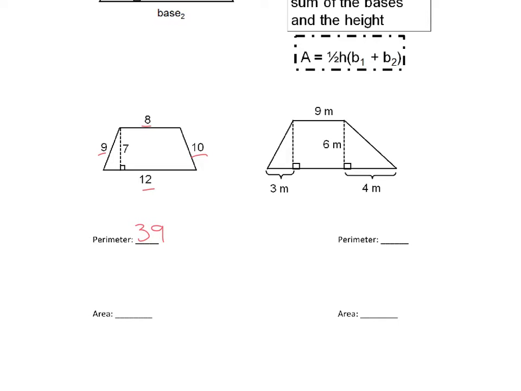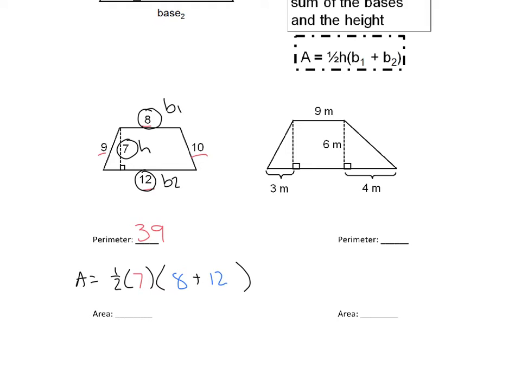All right, now in order to find the area, I know I need the height, which is 7. I need my base 1, which is 8, and my base 2. If I have all of that information, then we can plug this into our formula. So the formula is 1/2 of height times the addition of your two bases. So the height here was 7, base 1 is 8, base 2 is 12.